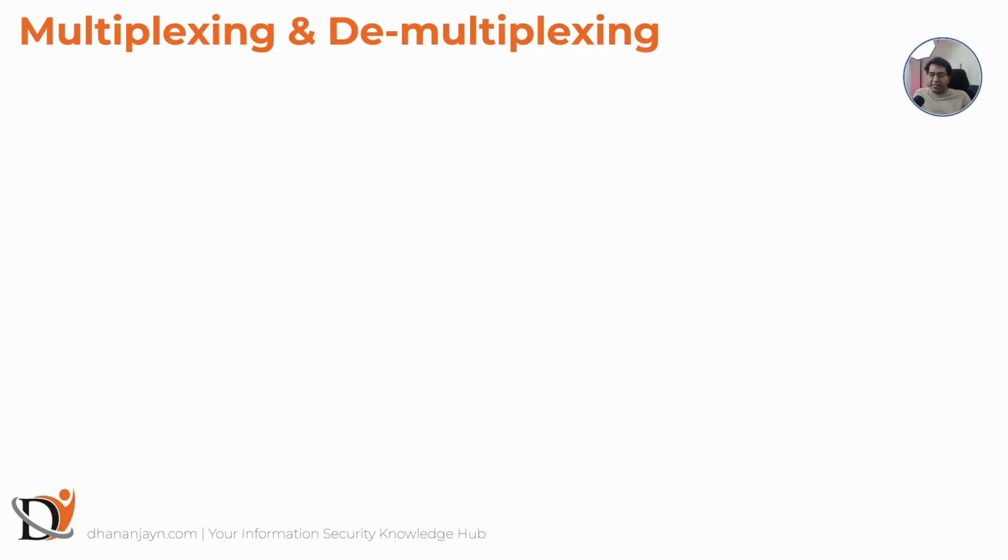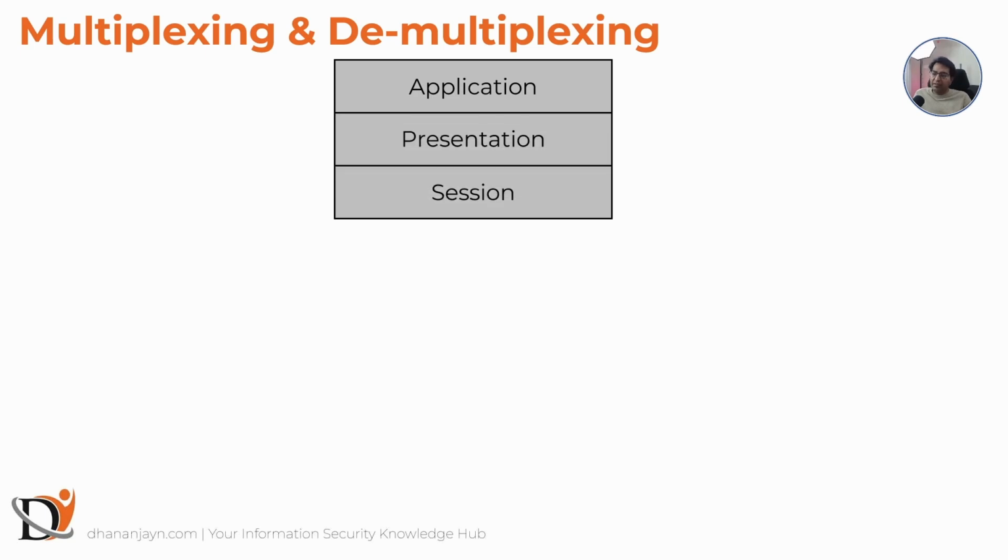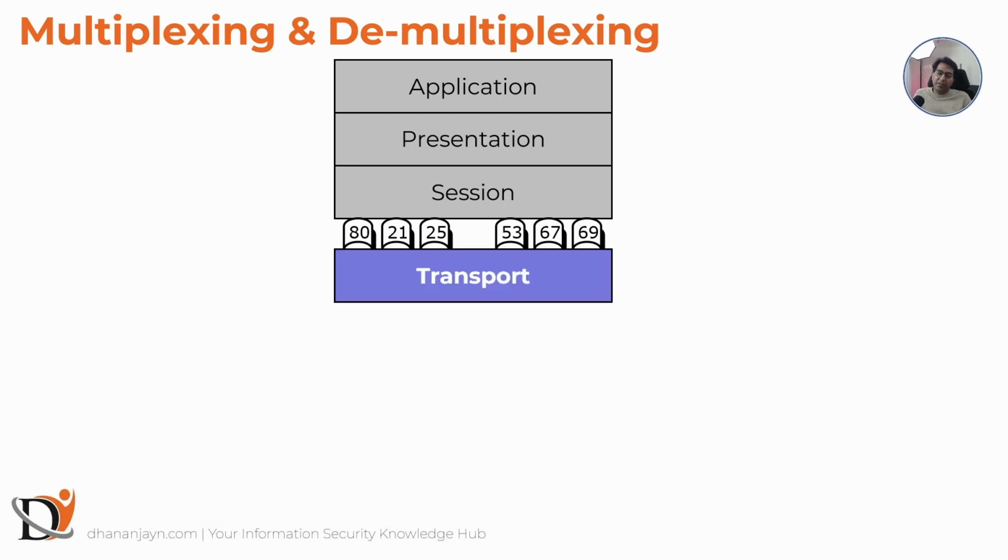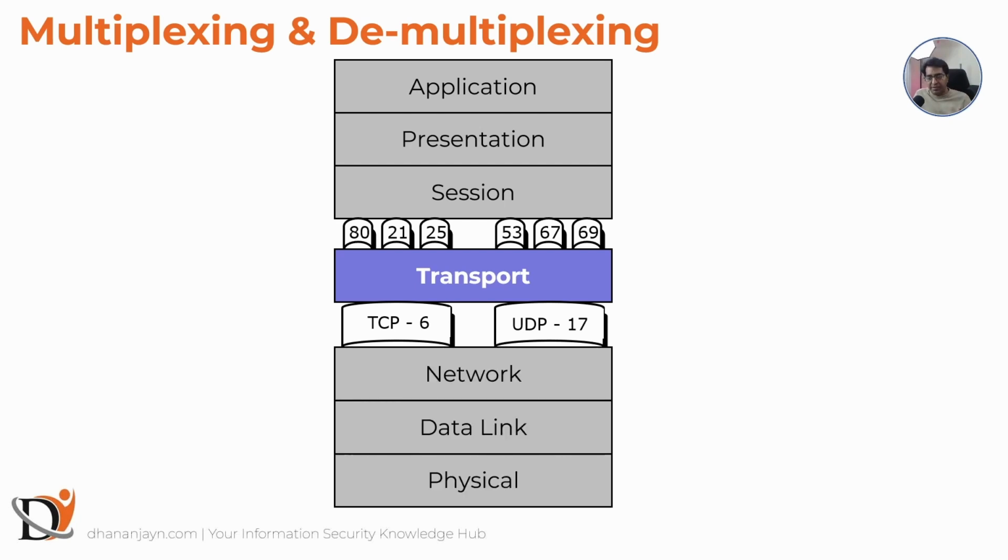Now let's understand the multiplexing and demultiplexing function. After the data exits from the session layer, the transport layer attaches the port number, where it specifies whether the data is using the TCP or UDP service.